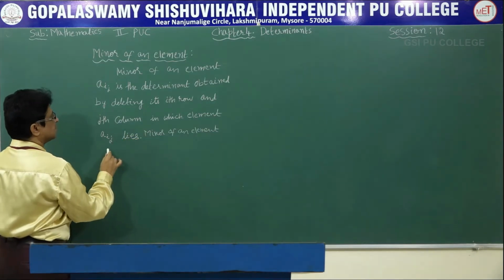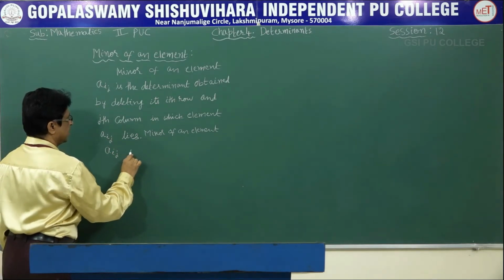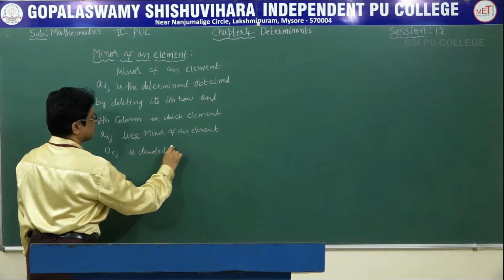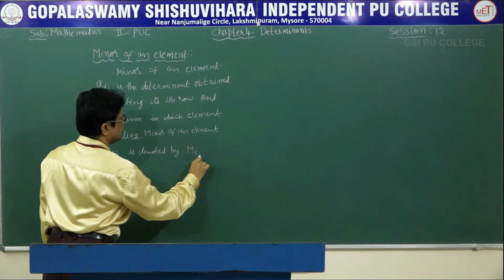Minor of an element Aij is denoted by Mij.